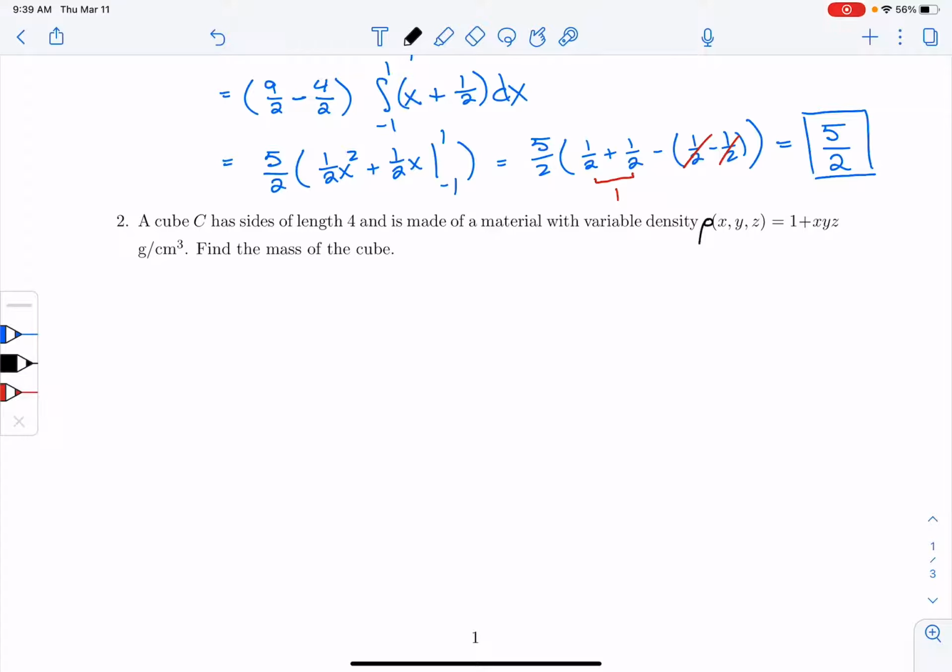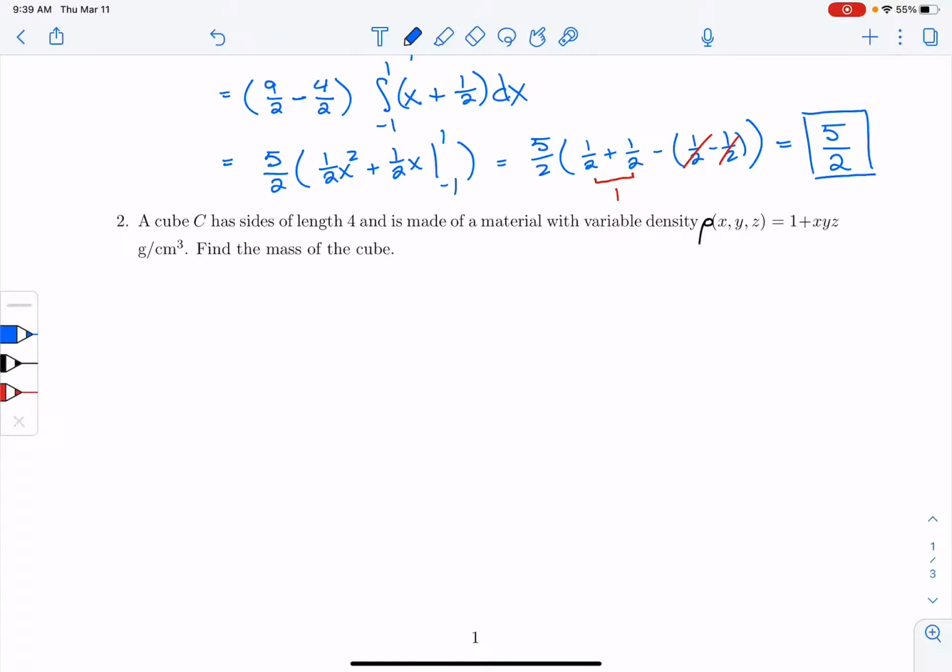So here, just like we did with these two-dimensional metal plates, where we integrated the density of the plate in 2 dimensions, that gave us the mass of the plate. Now we've got a density given in 3 dimensions, grams per centimeter cubed. We're going to integrate that density to find the mass of the cube.